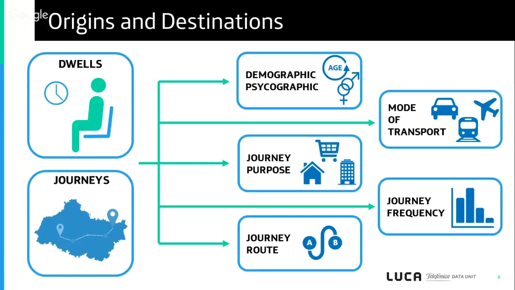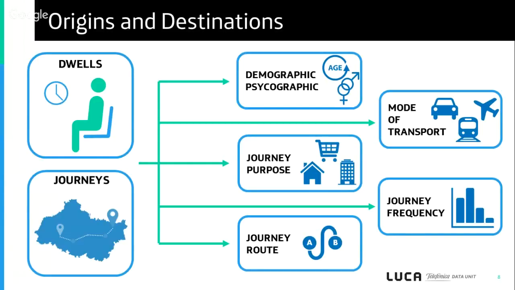We can do a bit of inference, looking at how you're traveling when you're doing those journeys, to determine the mode that you're taking, looking at where you're staying and at what times. We can derive if you're at home or at work, how often you're traveling, and which route you're taking. There's a whole bunch of different things that we can go into with this information. It's absolutely massive.